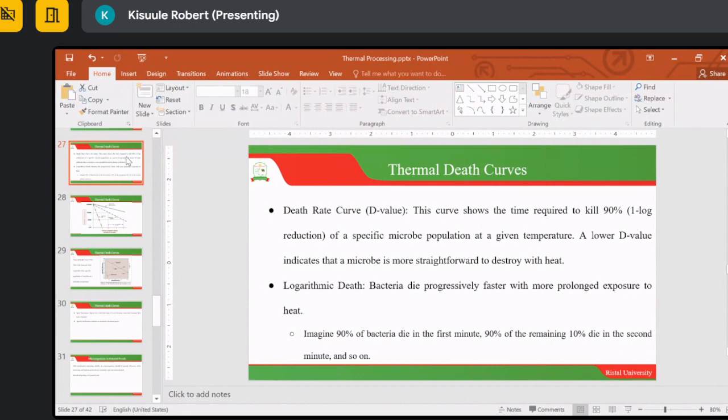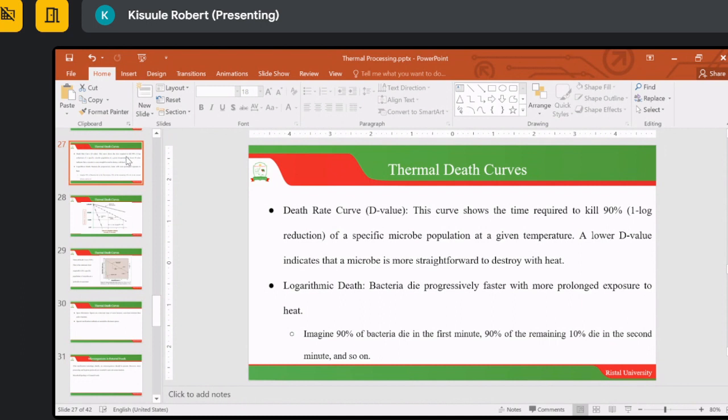Then the logarithmic death. Here the bacteria die progressively with more prolonged exposure to heat. For example, 90% of bacteria die in the first minute, and then 90% of the remaining 10% die in the second minute, and so on.